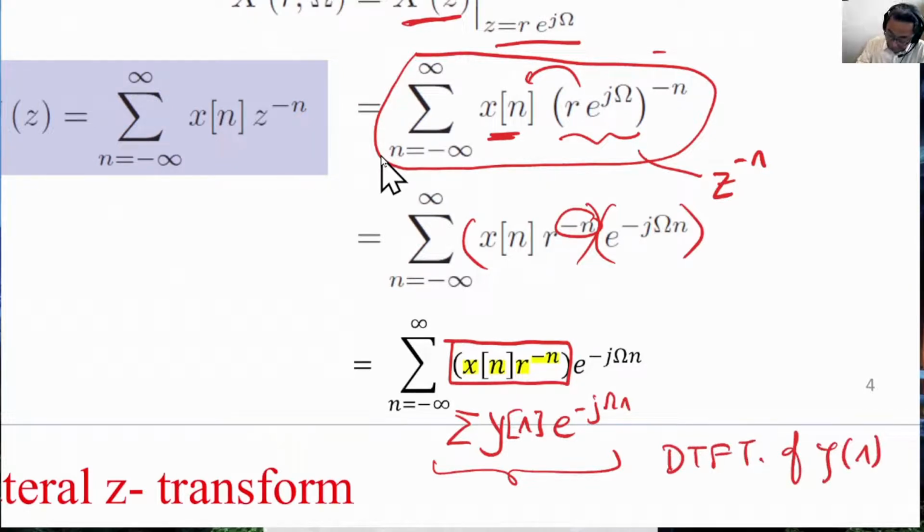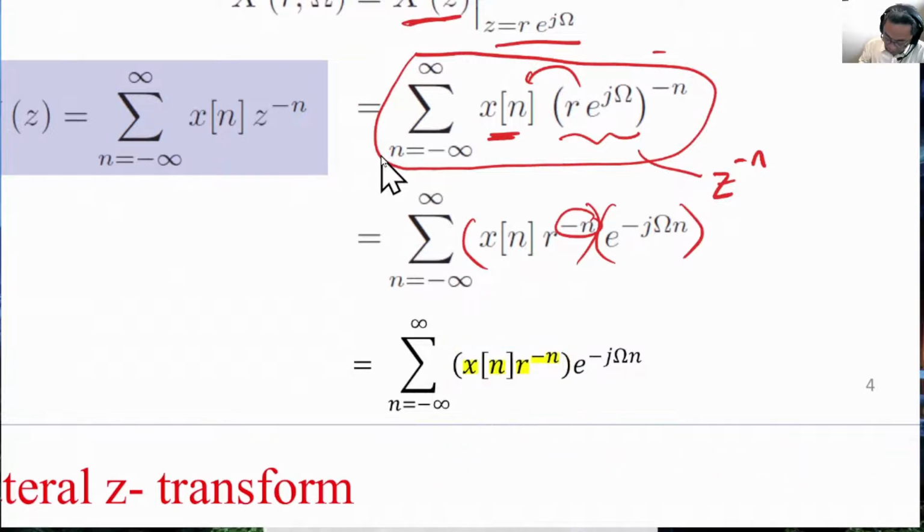But now we can interpret it as: we have taken the signal x[n] and multiplied it with r^{-n}. If r is greater than 1, then r to the power minus n becomes smaller and smaller.